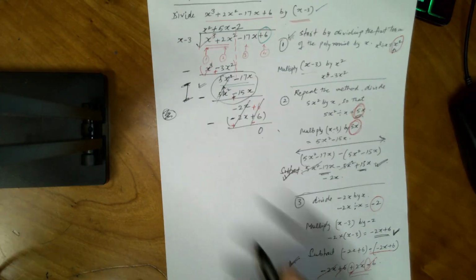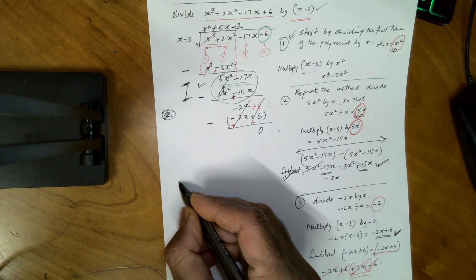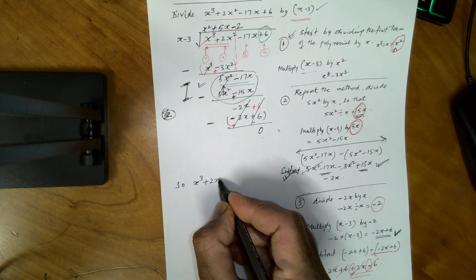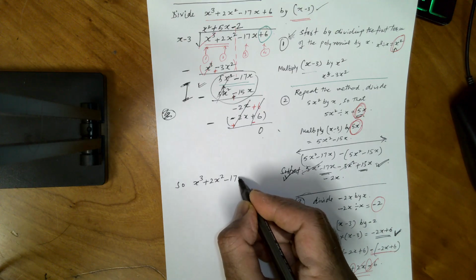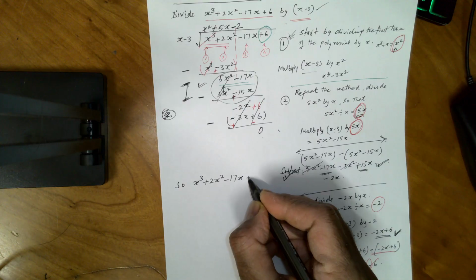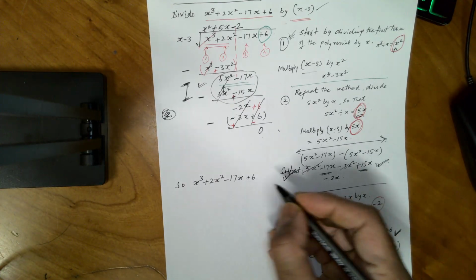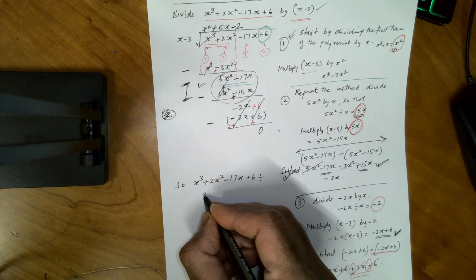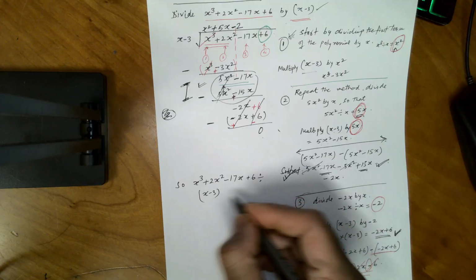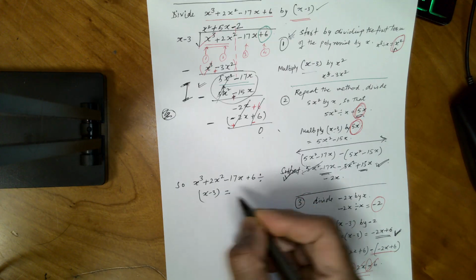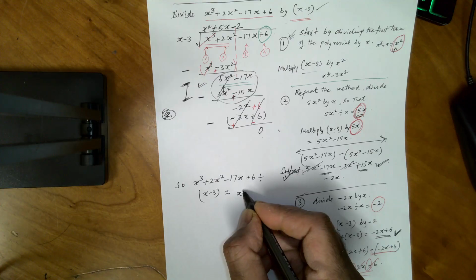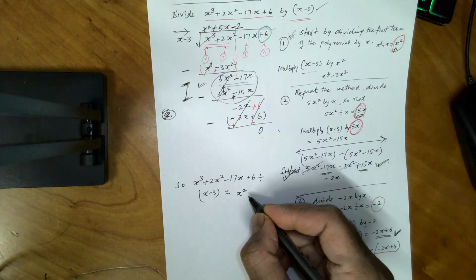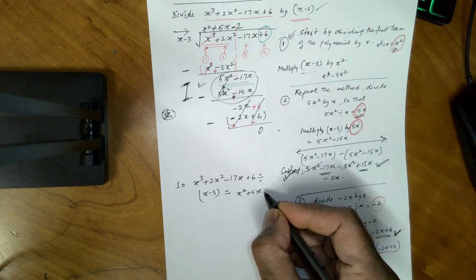So towards the end you will write your x cubed plus 2x squared minus 17x plus 6, you divide this by x minus 3, and that is equal to, you need to write this towards the end, x squared plus 5x minus 2.